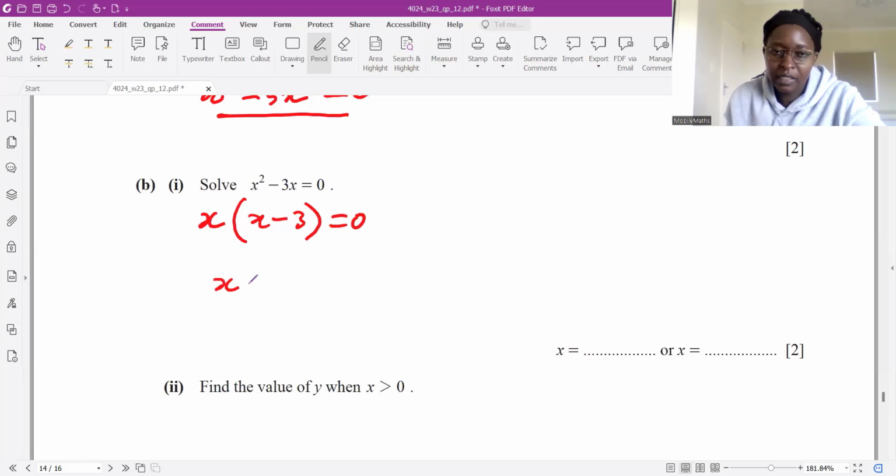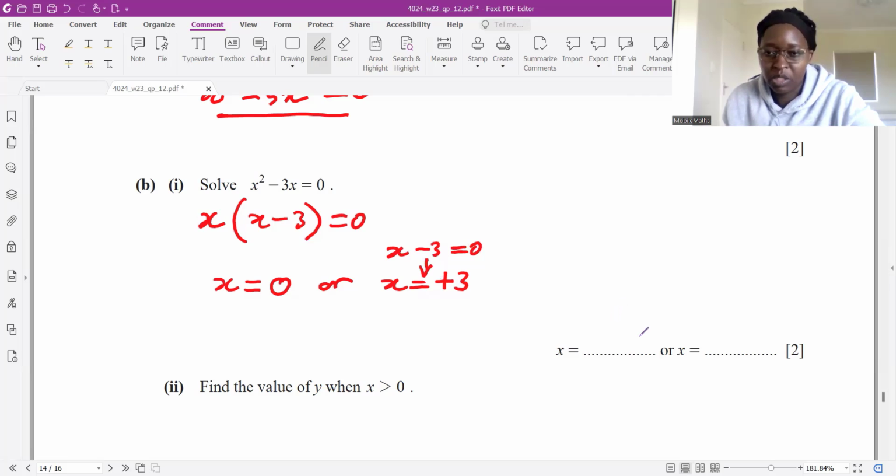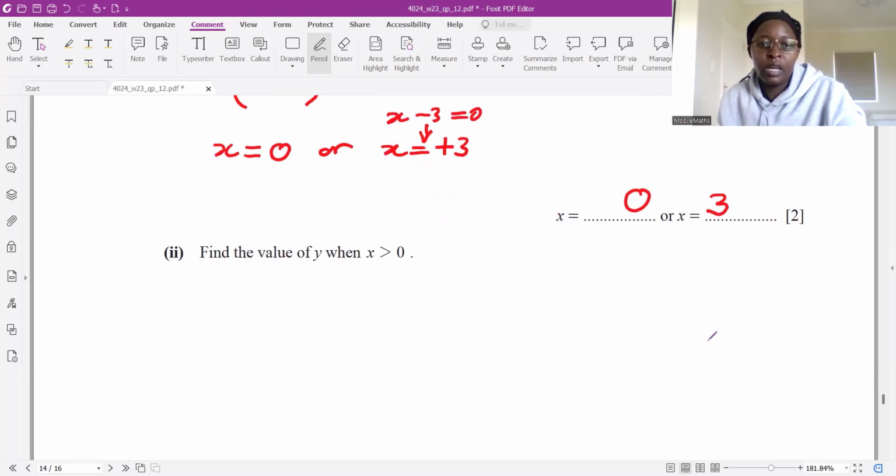So I can say x is either equal to 0 or x is equal to 3, because I'm taking this one, x minus 3 is equal to 0. This is the one that is giving me this information. So x is either 0 or 3.